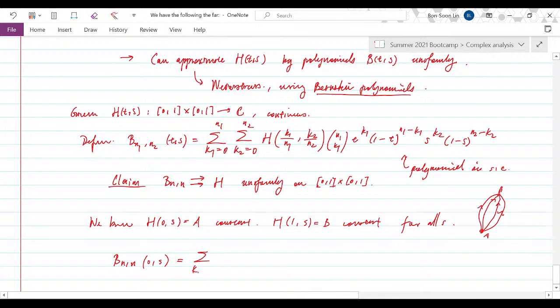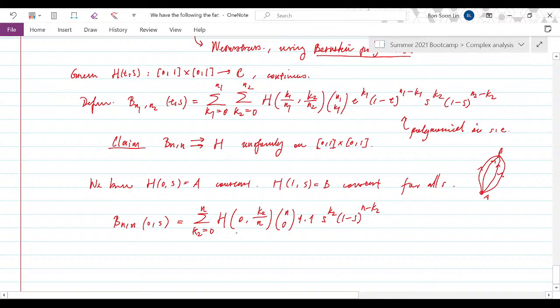So we get the sum over k2 from 0 to n of H(0, k2/n) times n choose 0, which is 1, times 0 to the 0, which is defined to be 1, times (1 minus 0) to the n power, times s to the k2, (1 minus s) to the n minus k2.